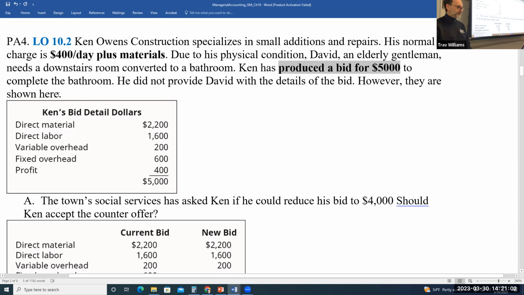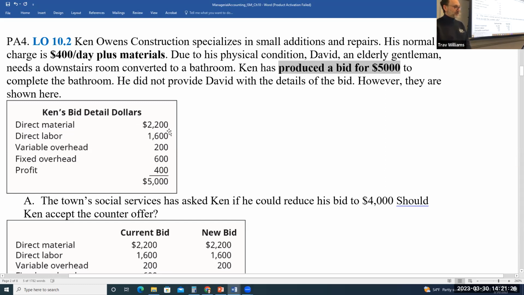There's the $5,000 bid. So the client, which is technically the social services department of the town, asks if the bid can be reduced to $4,000. So should the company accept the offer?